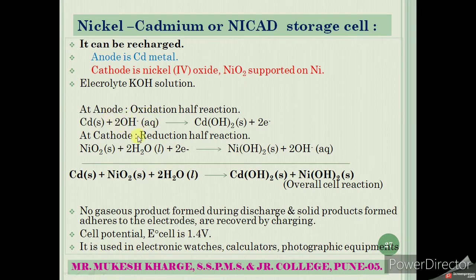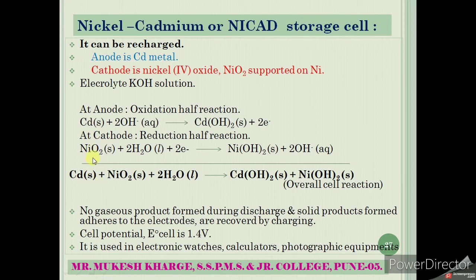But to prepare the compound, we require 2OH minus ions from KOH. So that is only the extra part, but the main reaction is this one. So gain of 2 electrons gets converted to Ni(OH)2, and it is a reduction reaction. So the combination of these two is the overall cell reaction.